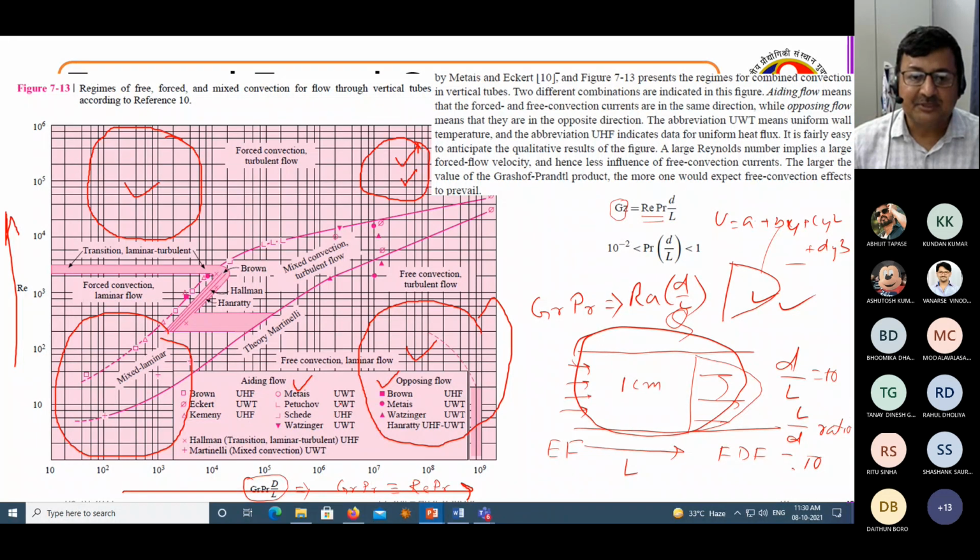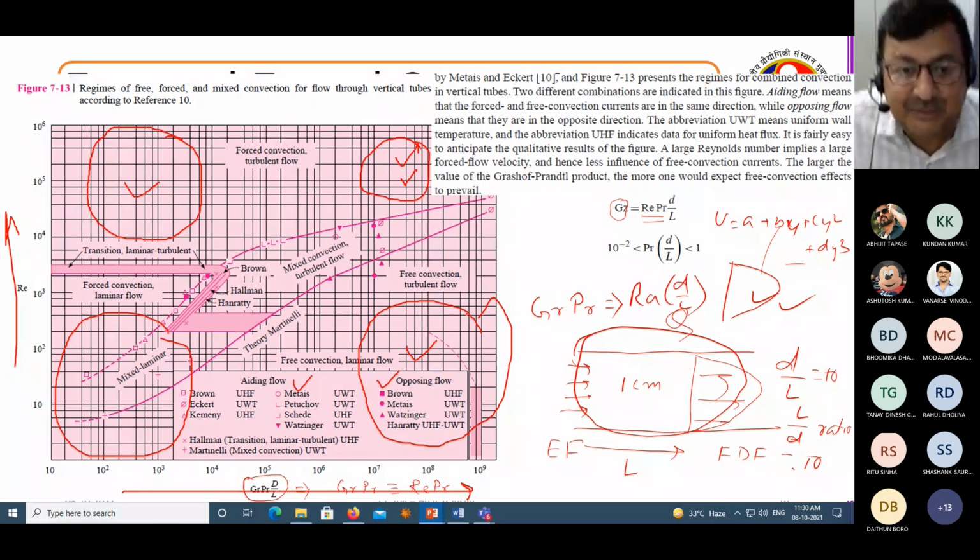People conducted many experiments with different types of uniform heat flux and uniform wall temperature, to see how quickly the systems arrive at turbulence when these two forces are acting with each other, and when they are acting against each other, how quickly they go from laminar to turbulent. These points have scattered out over this place. So there is a wealth of information in this plot that you may make use of.